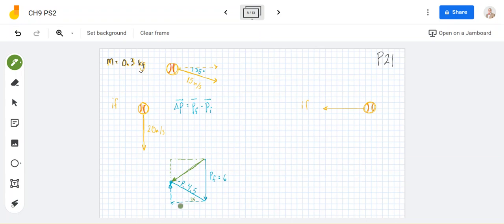So this is 3.69 for that side. And this is 2.58 for this side.